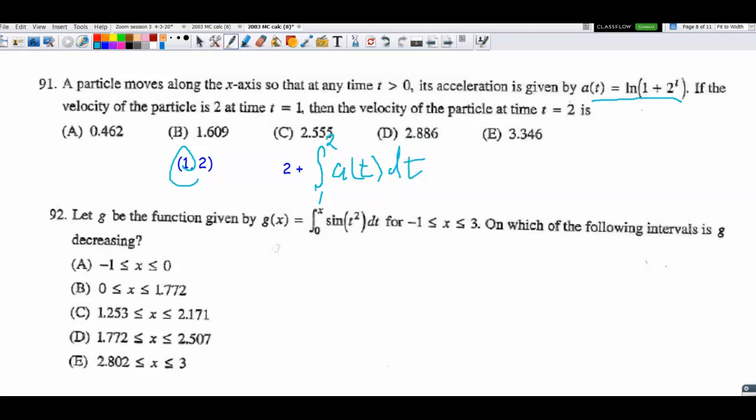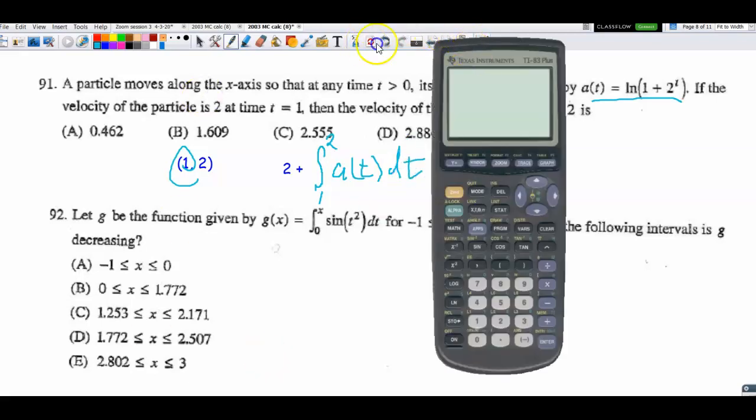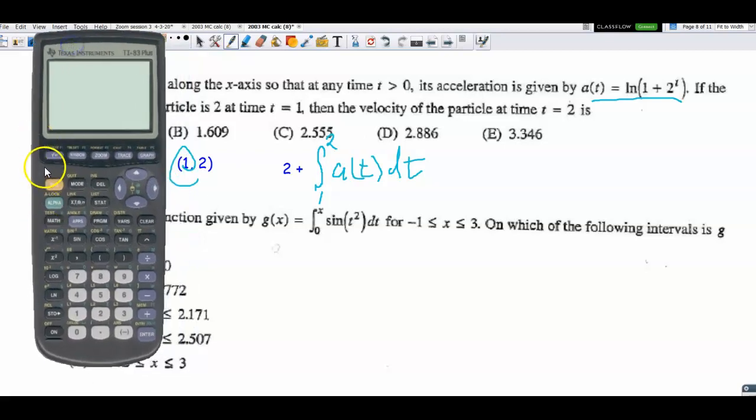And that's a calculator problem, so we're going to bring that up and clear. I'm going to do that on the home screen.